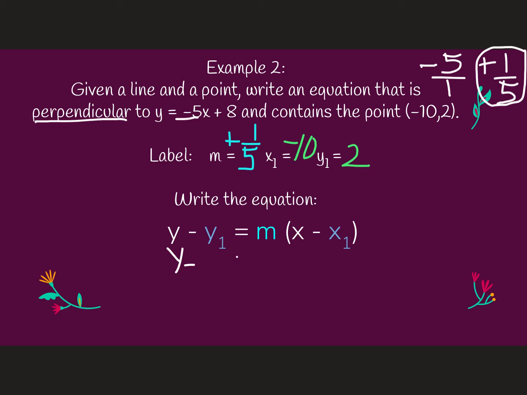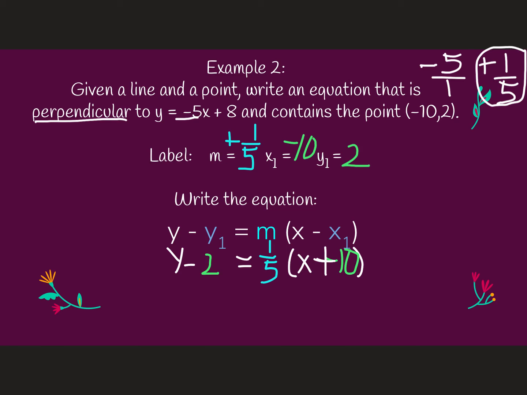Y minus your y value, your slope, x minus your x value. So let's start with the middle part. We have a 1/5 as our slope. Our point is 2 for the y and -10. So two negatives become a positive.